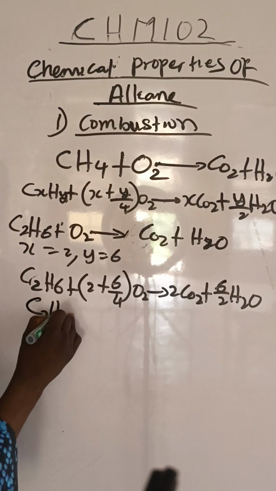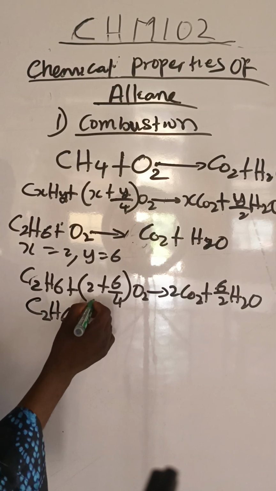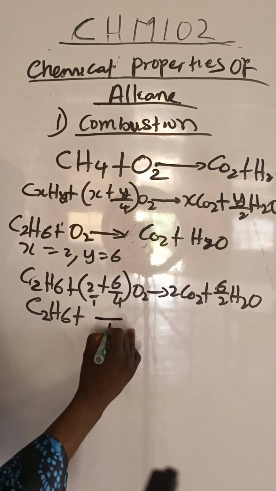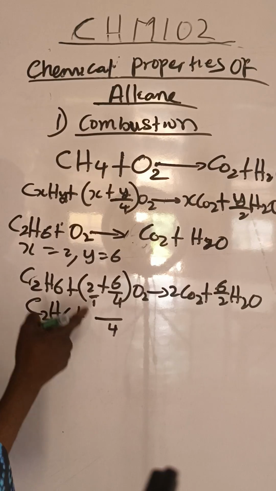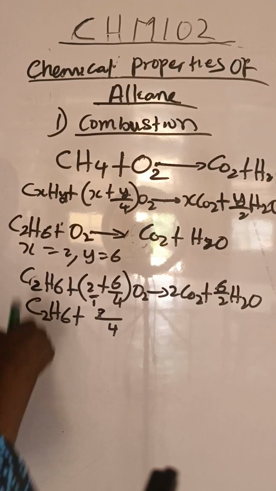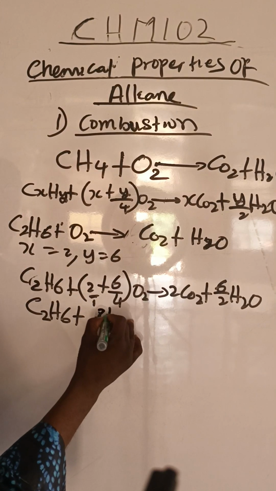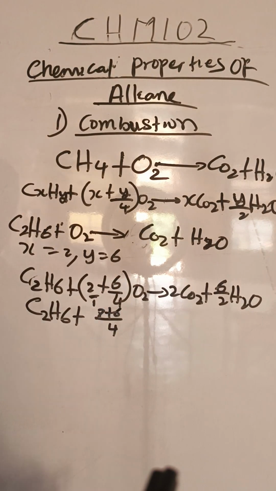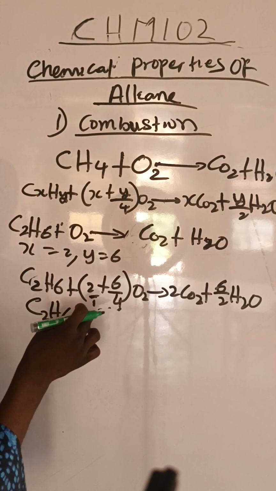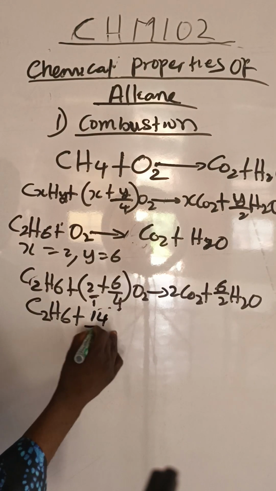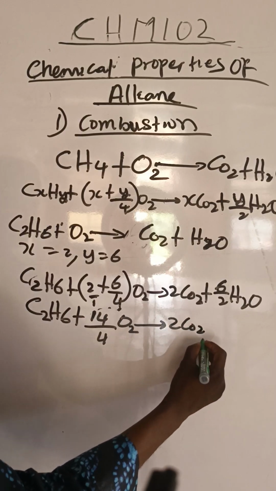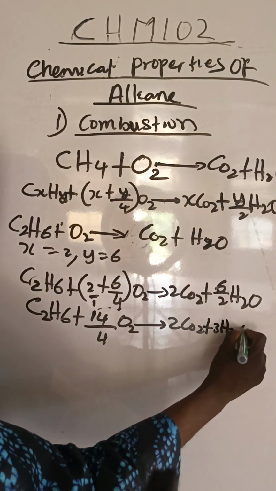Then what do we have? C2H6 plus, if you find the LCM here, we have an invisible 1 here. LCM will now be 4. 1 in 4, 4. 4 times 2, 8. 4 in 4, 1. 1 times 6, 6. 8 plus 6, 14. Everything will be 14 over 4. So if I want to write the next step here, it will be 14 over 4 O2, then 2CO2 plus 3H2O.